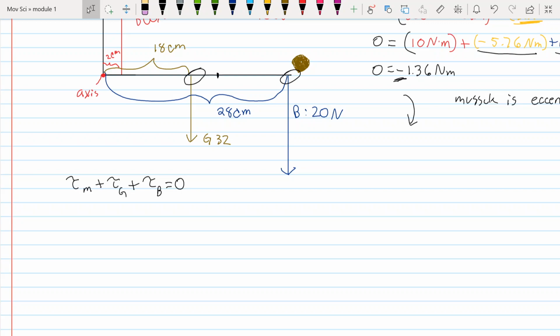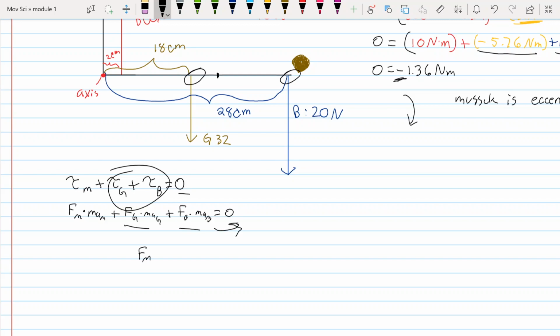So we want to find the force of the muscle that makes the rest of this equal 0. So we've got the force of the muscle times the moment arm of the muscle plus the force of gravity times the moment arm of gravity plus the force of the ball times the moment arm of the ball equals 0. So we're going to move this and this over to this side. So we subtract.